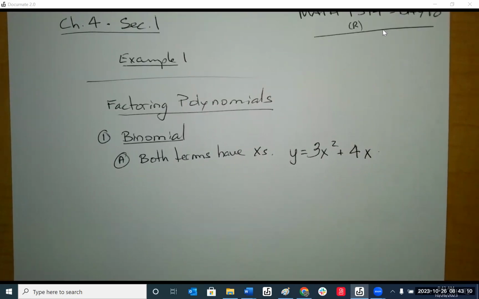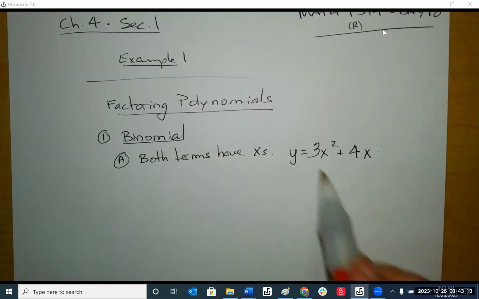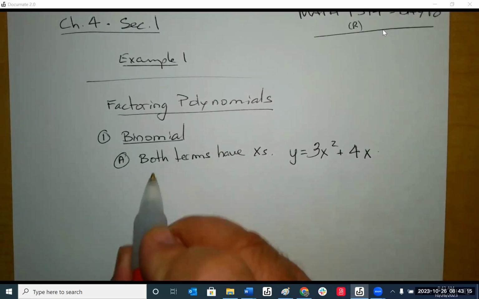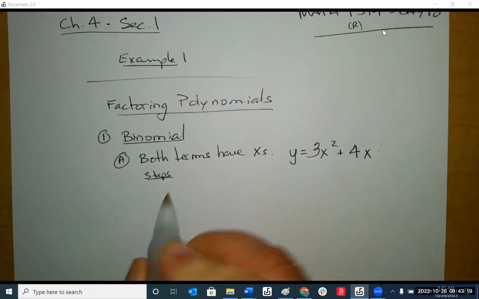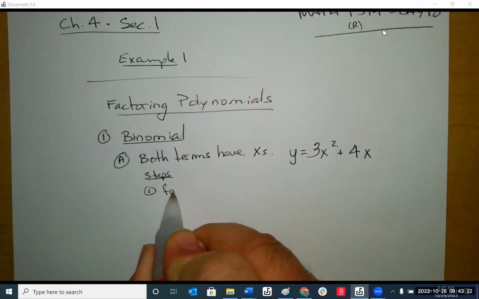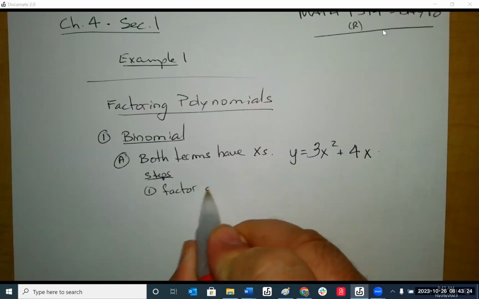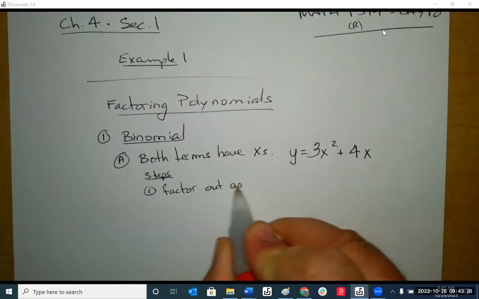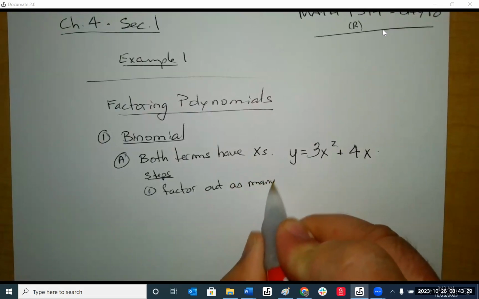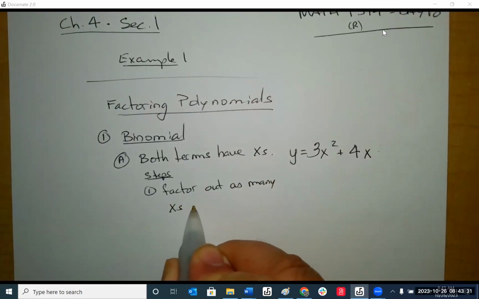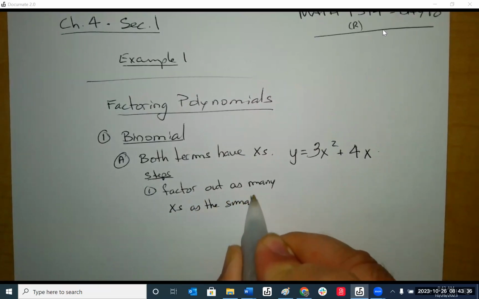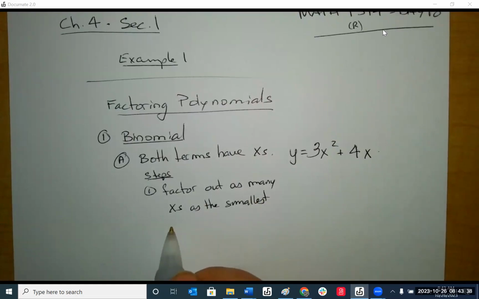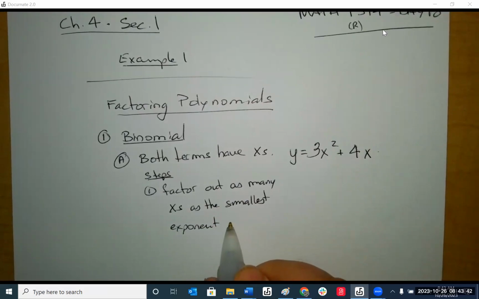Solve that. So if both terms have x's, your steps are: factor out as many x's as the smallest exponent says.